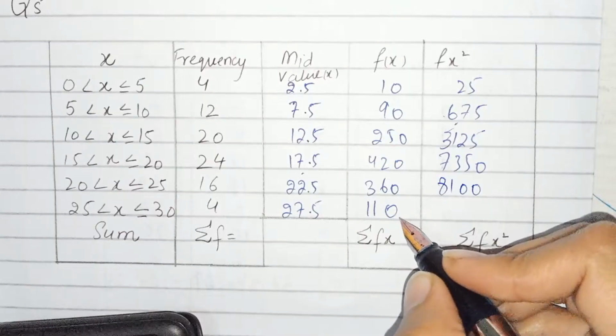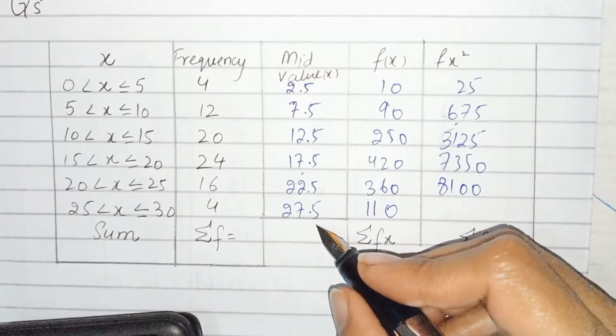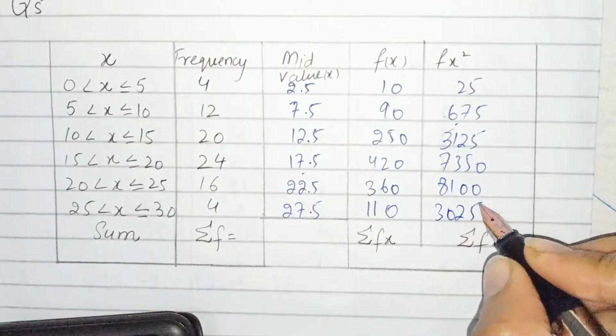And 110 multiplied by 27.5, we get 3025.